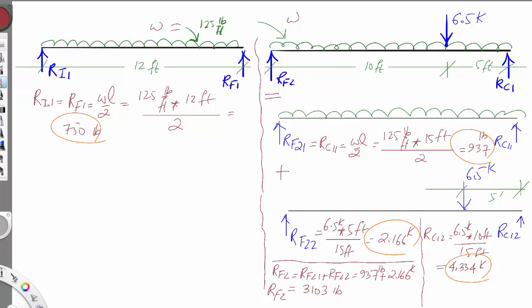Because I need to convert, I will multiply this by 1000, which makes this pounds, and this needs to be converted into pounds. For this part, the same goes here. So RC1 is equal to RC11 plus RC12.